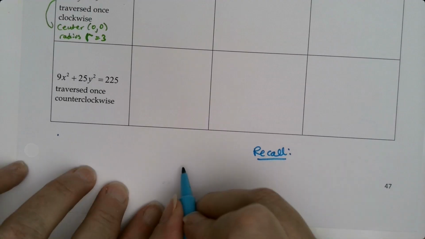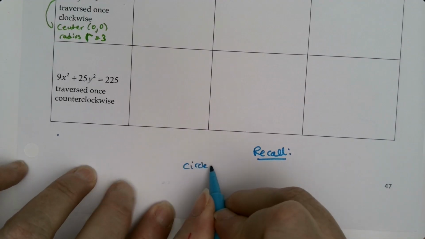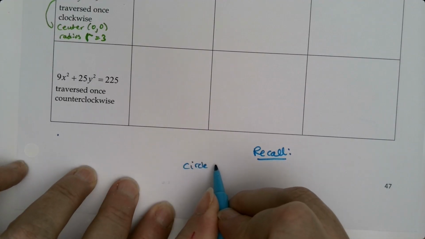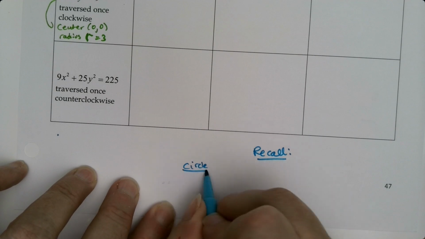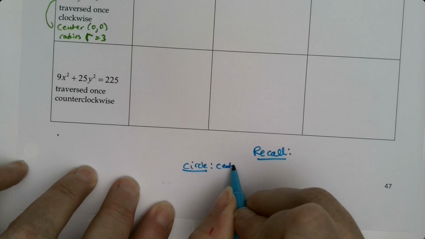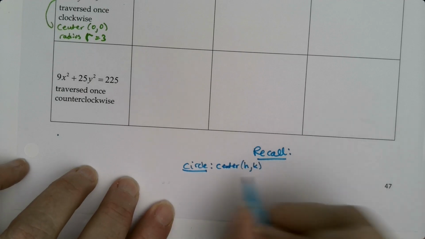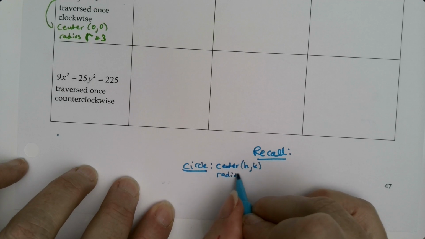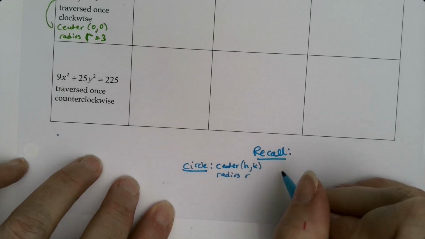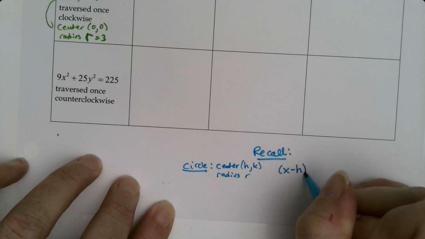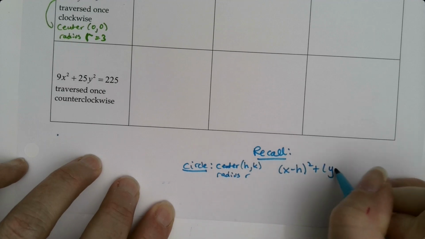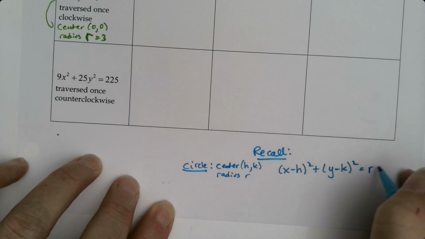For a circle, the radius is r and the center is (h, k). The format is (x minus h) squared plus (y minus k) squared equals r squared.